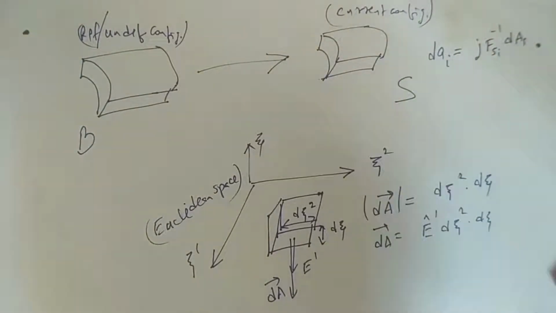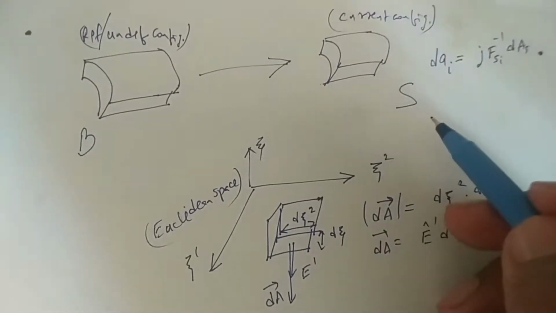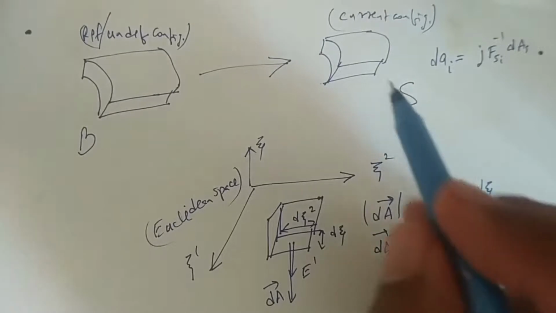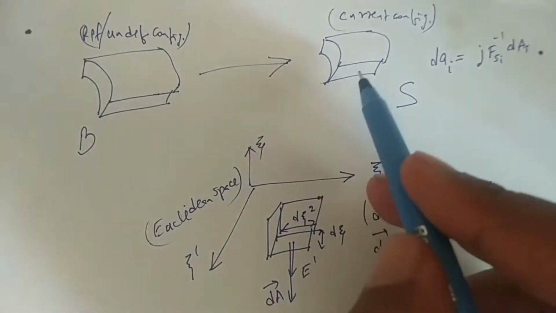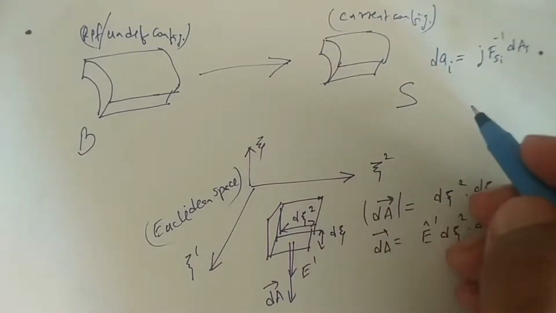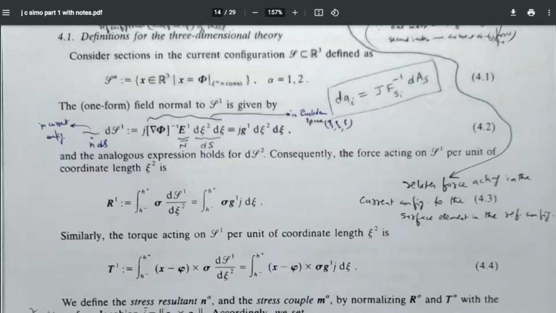Now this is basically used over here to write a general dA vector in the current configuration. If we look at the paper here, in part 1 of the series of papers by JC Simo et al, we have this expression in equation 4.2.